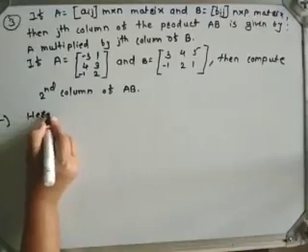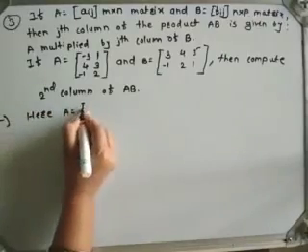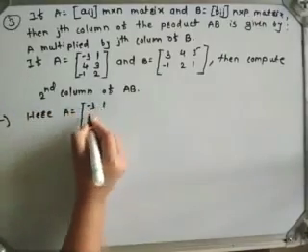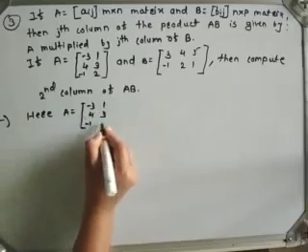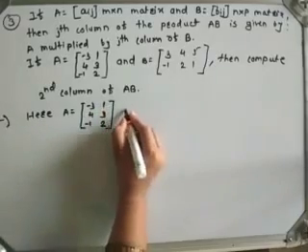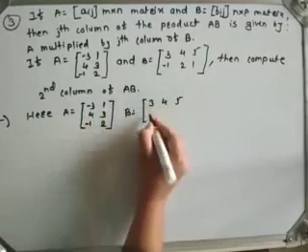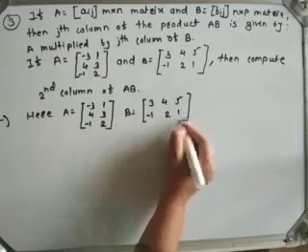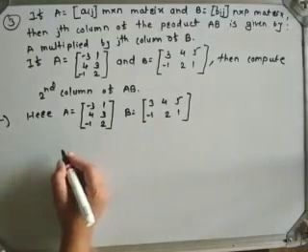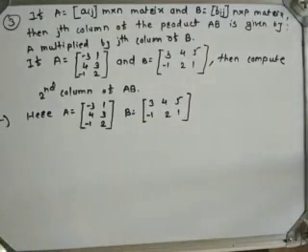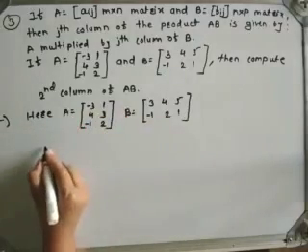Here matrix A is equal to the matrix [-3, 1; 4, 3; -1, 2]. B is equal to the matrix [3, 4; 5, -1; 2, 1]. What do we have to find here? The second column of AB.